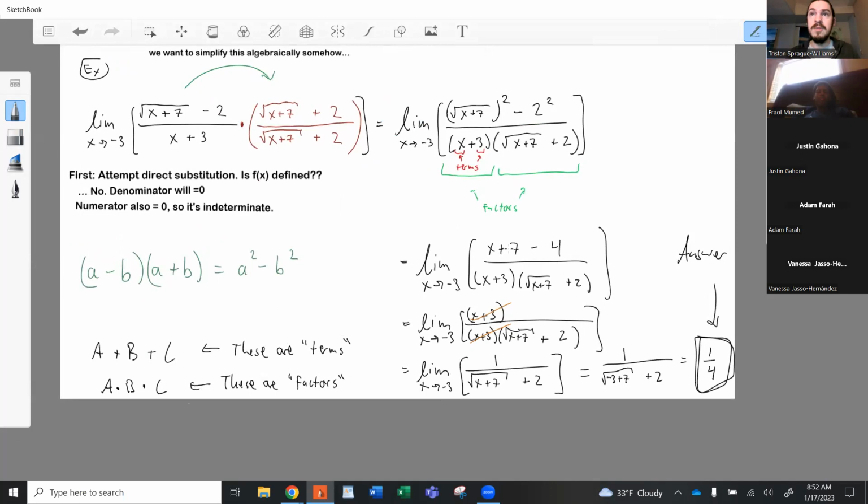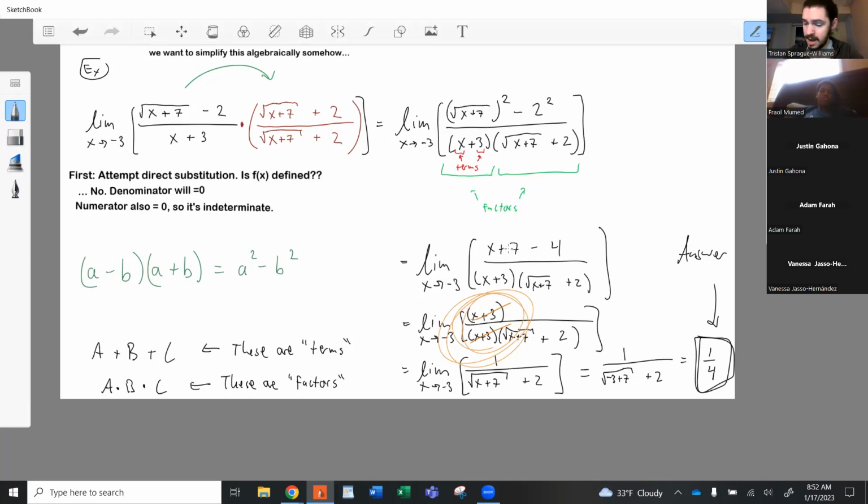So this demonstrates the power of algebraic simplification when it comes to solving the limit problem. The canceling of x plus 3 was the key moment, right? This is the key moment where we went from something that was in the format 0 over 0 to something which was no longer in that indeterminate form 0 over 0.